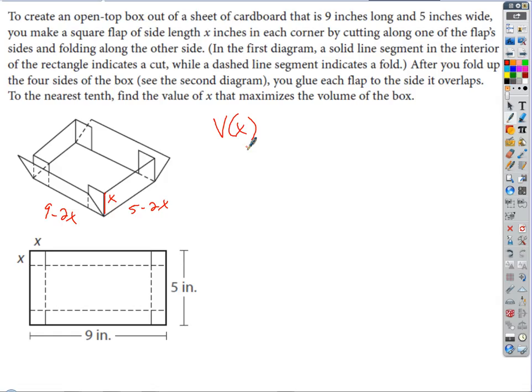In this case, maximize, right? The volume function is just going to be x times the quantity 9 minus 2x times the quantity 5 minus 2x, right? Everybody agree? Okay, so let's just go to Desmos and graph that and see what we get.